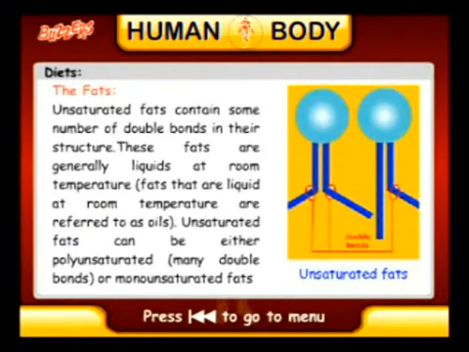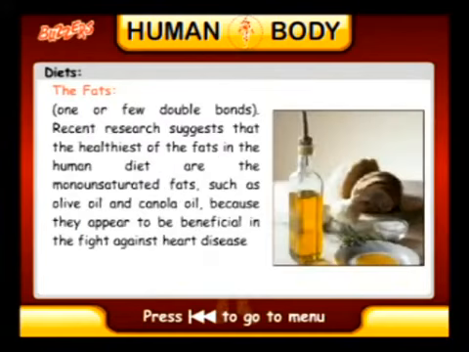Unsaturated fats contain some number of double bonds in their structure. These fats are generally liquids at room temperature. Fats that are liquid at room temperature are referred to as oils. Unsaturated fats can be either polyunsaturated, many double bonds, or monounsaturated fats, one or few double bonds.